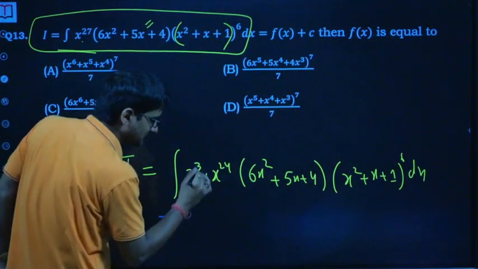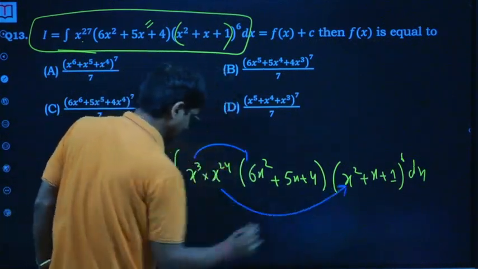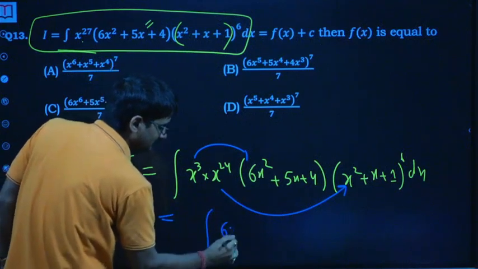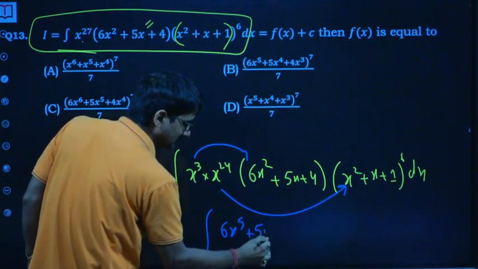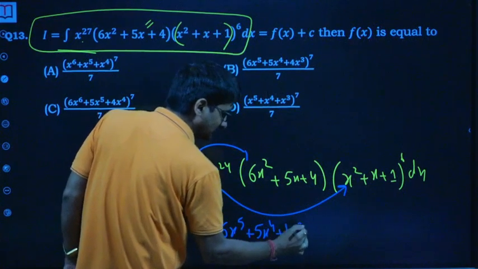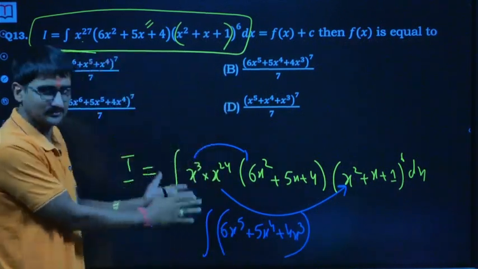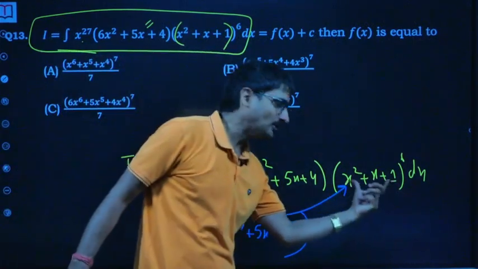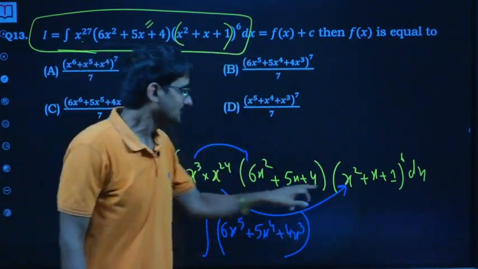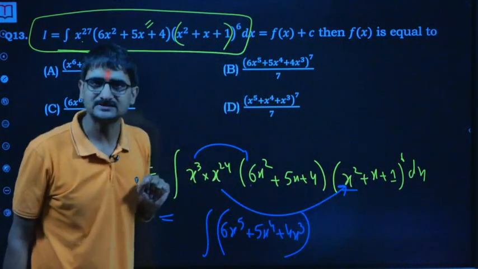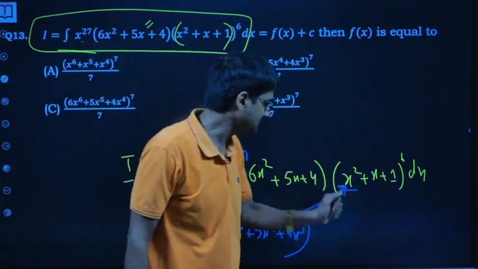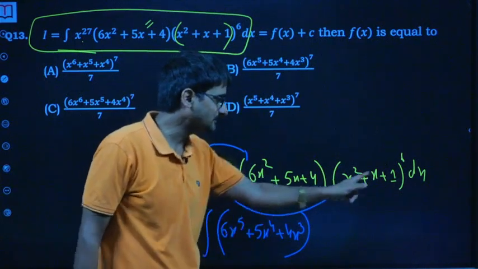So I will take x cube here, x raised power 24 here, x cube here, 6 times x raised power 5, 5 times x raised power 4 plus 4x cube. The entire focus while approaching this question was, what should I get? It's simple. If I differentiate this term, I need to get 6, so for that I need to have power 6 here. If I differentiate, I need 5, so the power should be 5 here.